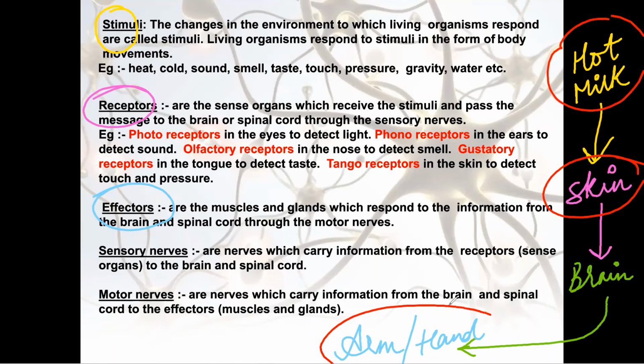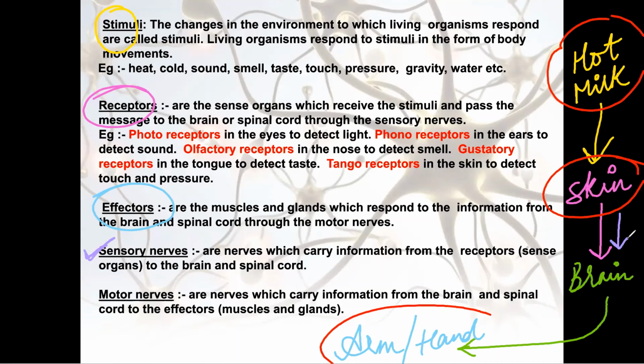Clear? Now come the sensory nerves and motor nerves. If you remember, I gave the example from hand, that is body, to brain. These are our sensory nerves that carry the message to the brain.